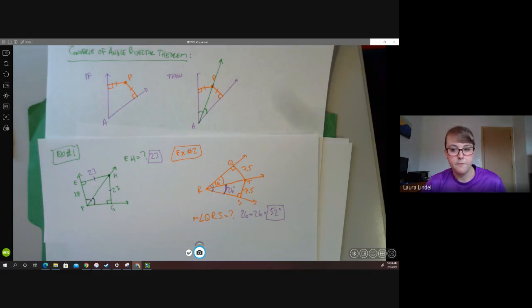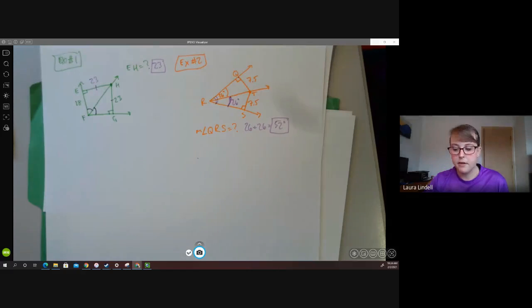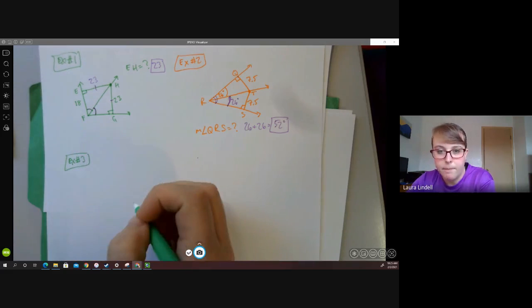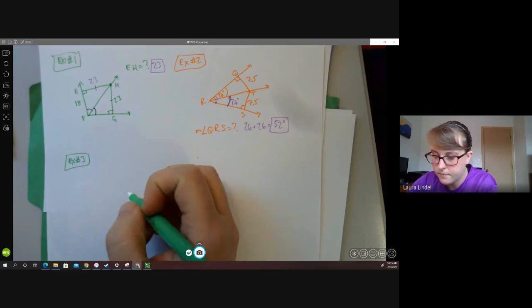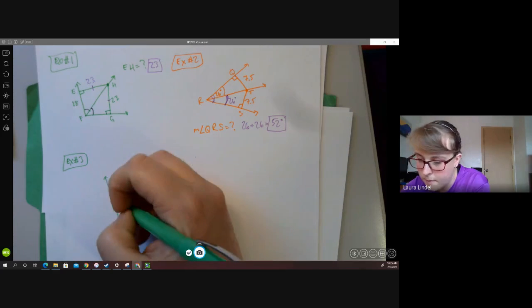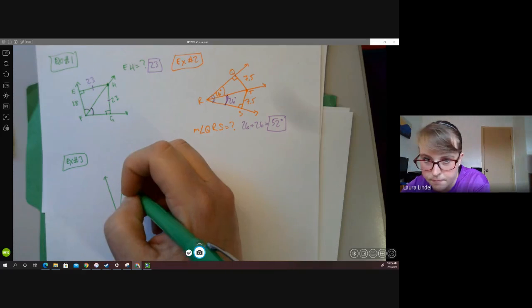Okay, so there's the first two, and just like with the perpendicular bisectors, we are also going to toss some algebra into this for our last example here. So let's get going with some algebra. We'll use green again. Okay, so on this one, here's our picture.